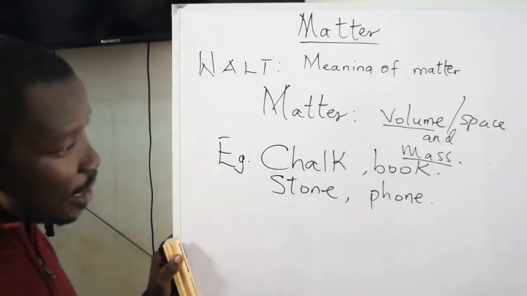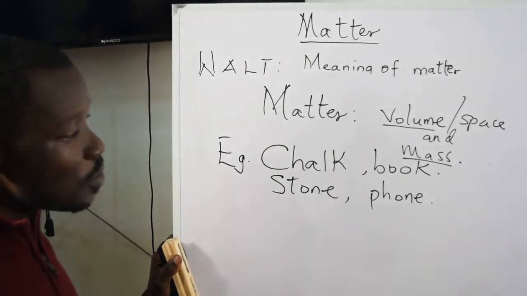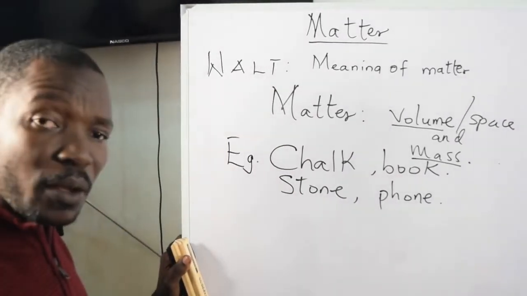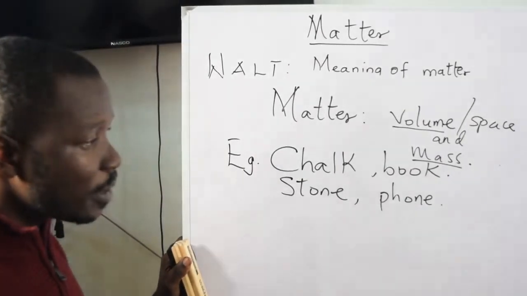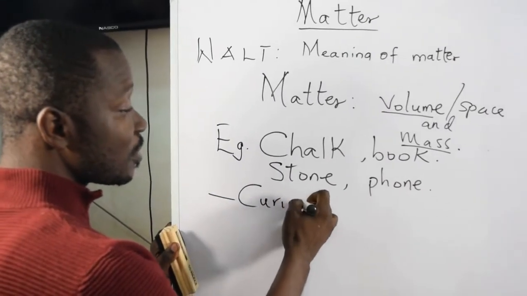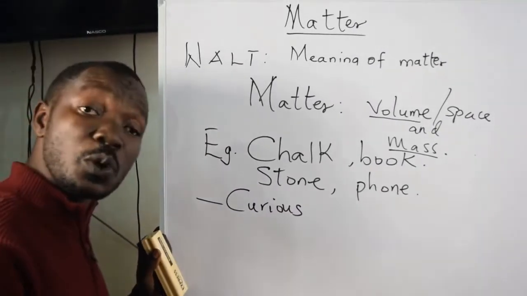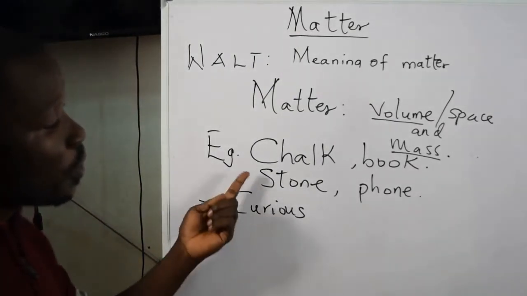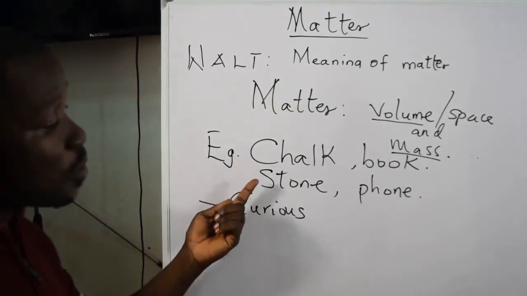Now there's something clear here. Once you tell me an example of matter, I want us to look at one of the features of a human being. Every human being is curious, wanting to know. So what I want us to do is that we look at chalk or we take stone.